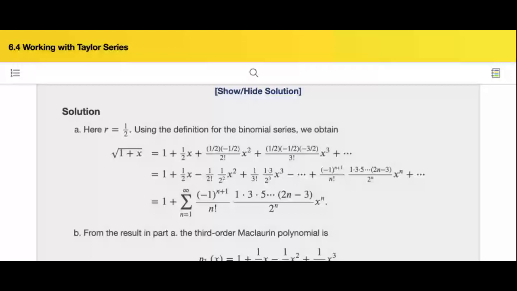Then we see the pattern is 1 times 3 times 5 times and so on. The nth term is 2n minus 3, then divided by 2 raised to n. So this is just the nth term, and n goes from 1 up to infinity.